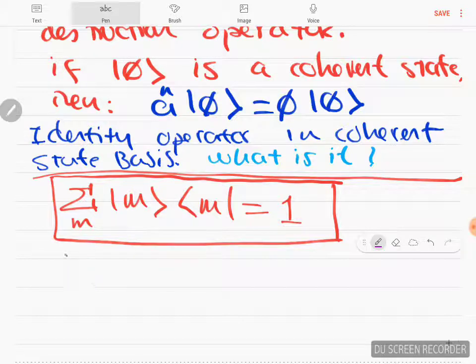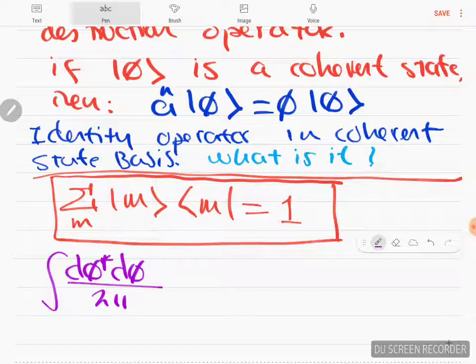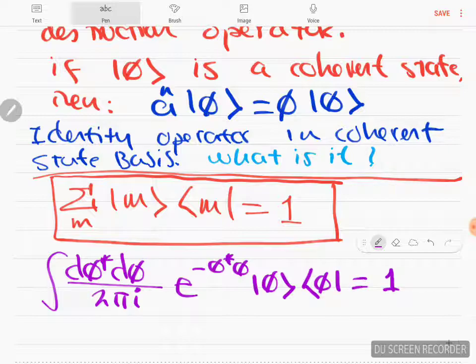So we will start with this ansatz, and we will say that there are some classical fields, phi star and phi, which we will choose as our basis, and we will call them coherent states. And then the integral of d phi star d phi divided by 2 pi i times e to the minus phi star phi times the ket of phi times the bra of phi is equal to 1.